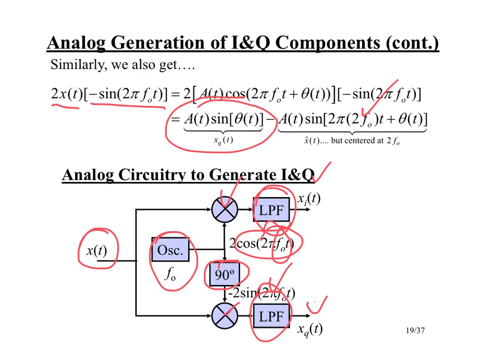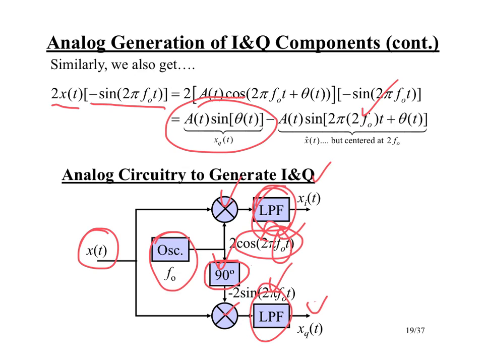And these two things will be perfectly in phase, quote unquote, to the degree that you can build this to be a perfect 90-degree phase shifter. So when I say perfectly in phase, I mean perfectly in phase as a cosine and a sine are, so perfectly 90 degrees out of phase.